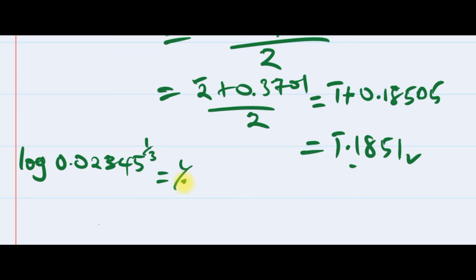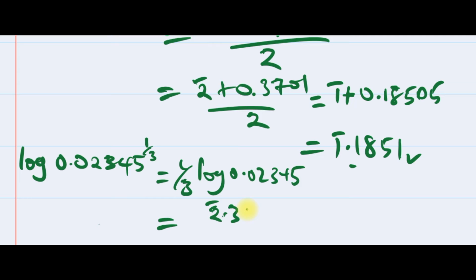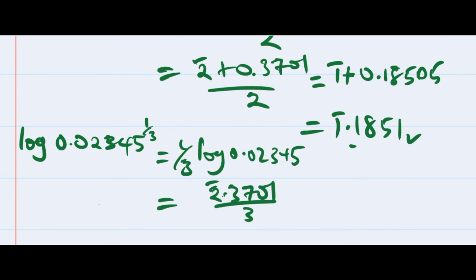We solve it as 1 over 3 log 0.02345, and we get the log, which is bar 2.701 over 3. But here, if you notice, this one is trickier compared to the first one, because minus 2 over 3 is hard to get.